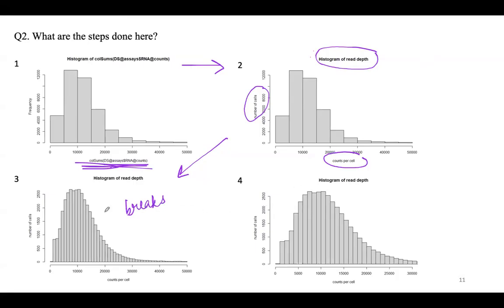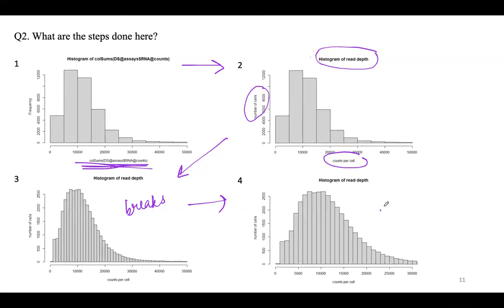Now, from plot 3 to 4, what has changed? No idea. Okay. So now you see here, the range has actually changed. The x-axis limits.